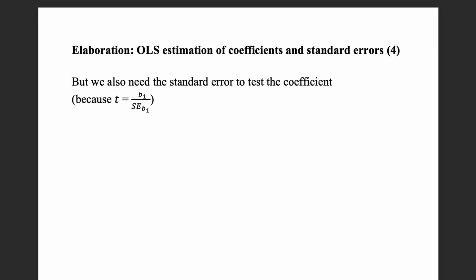So that means I also want to test this coefficient statistically. I want to understand to what extent we can generalize from this specific sample to the underlying population. And hopefully you know by now how we do that in inferential statistics. For instance, we do that by testing a null hypothesis about the coefficient.